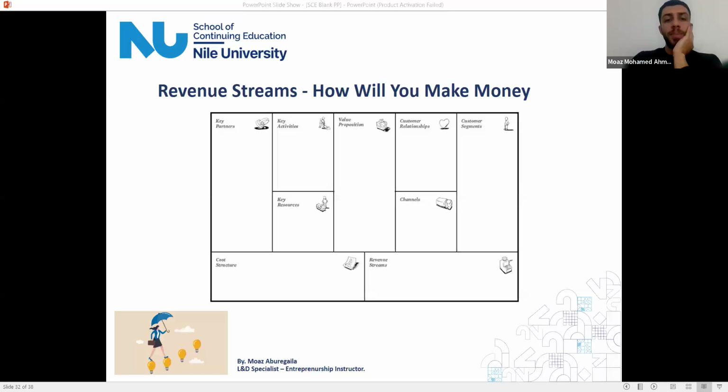What is the best revenue model that fits the waste management application, or the shop store, or the restaurant? Or choose more than one revenue model to generate money.